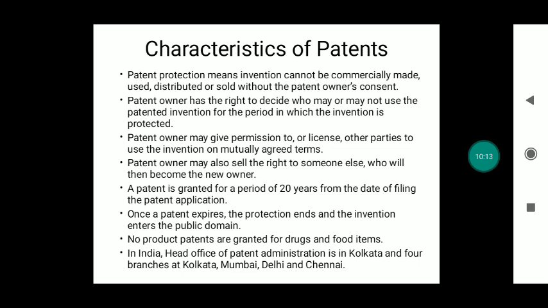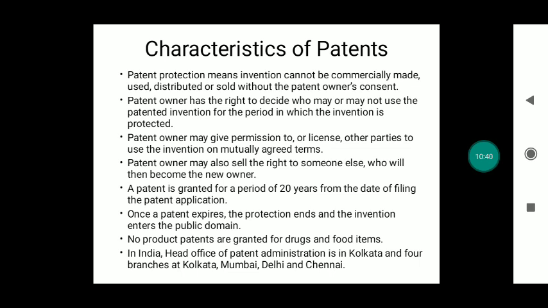Patent protection means the invention cannot be commercially made, used, distributed, or sold without the proper consent from the patent owner. And the patent owner has the right to decide who may or may not use the patented invention for the period in which the invention is protected.